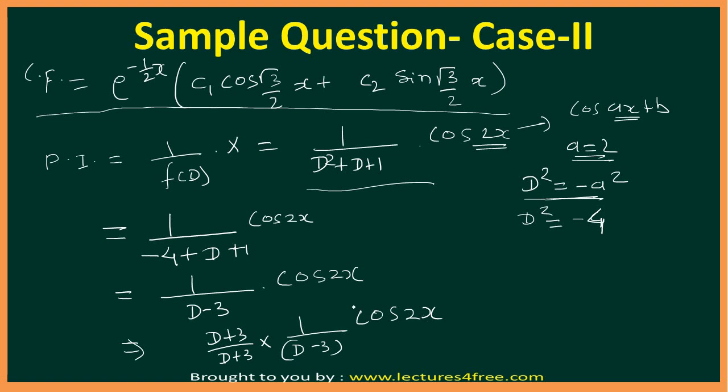If you solve like this, the formula is a plus b and a minus b, so you will get a square minus b square.